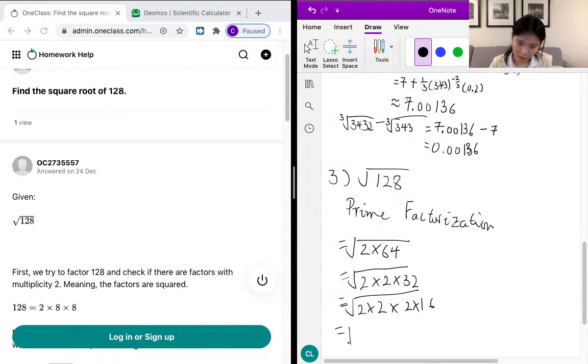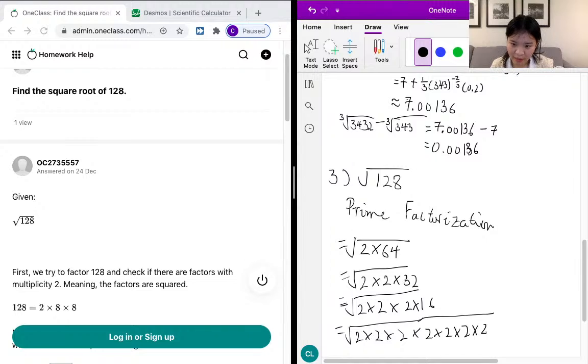And we know 16 is like 4 2's multiplied together, so we just do 2 times 2 times 2 times 2.